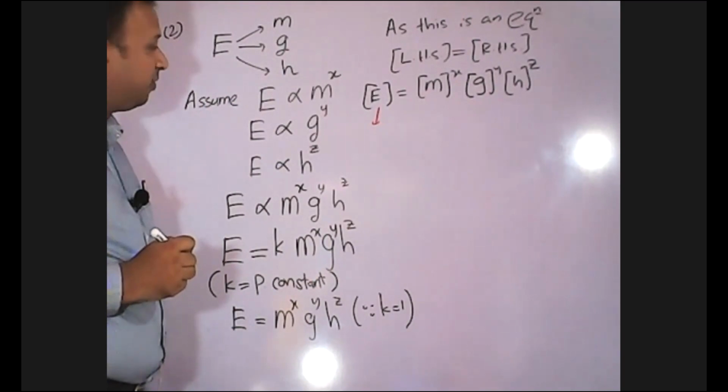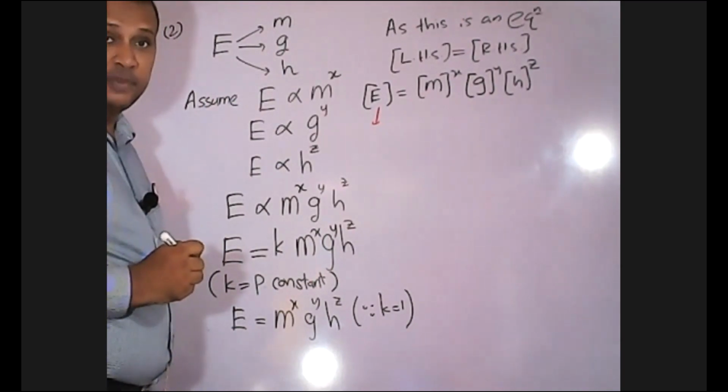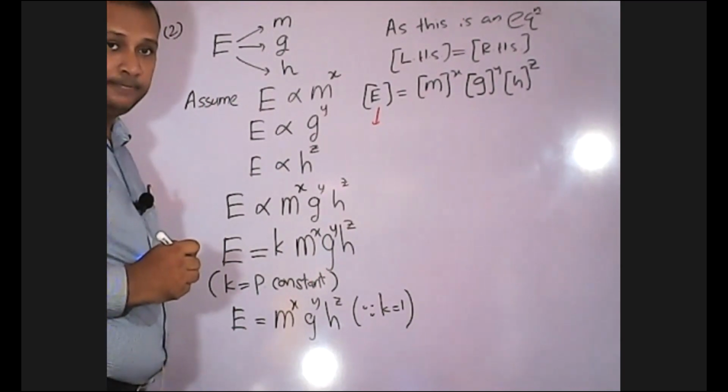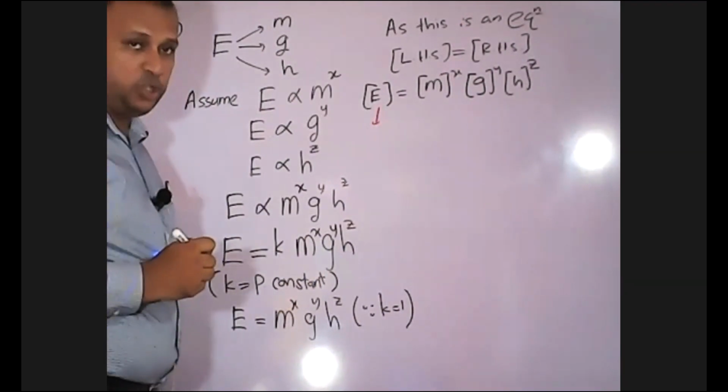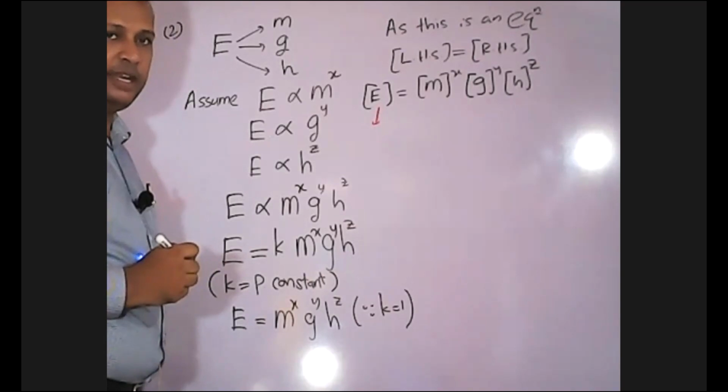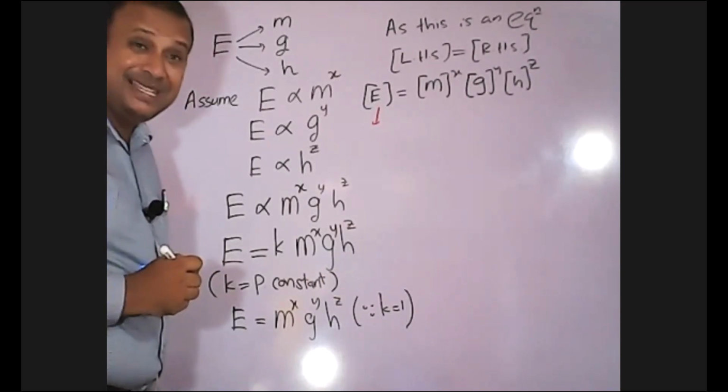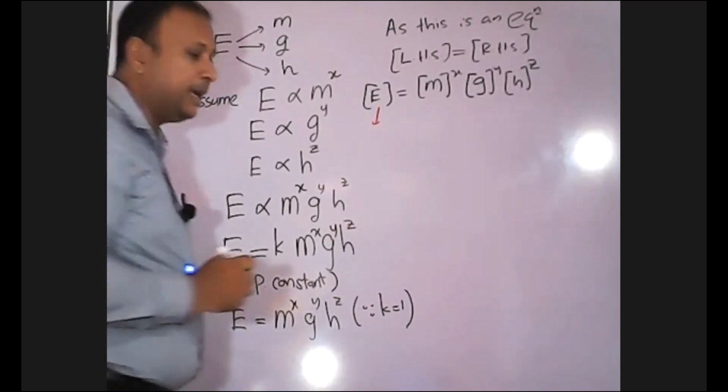What is the dimension of E? It is energy. Potential energy is energy, so the dimension of E is M L squared T to the power minus 2.